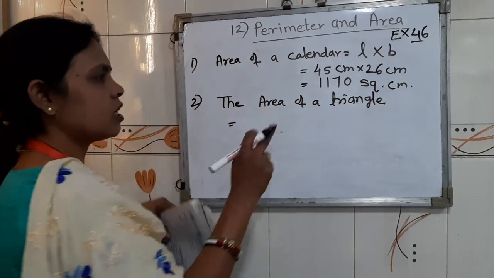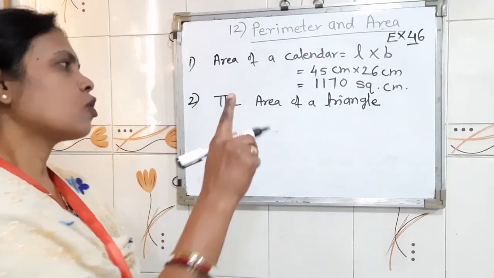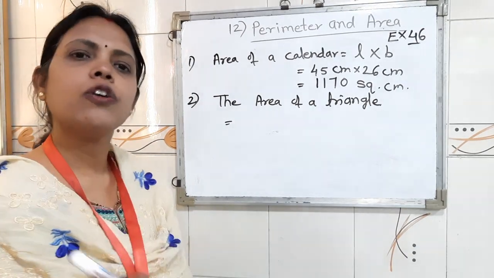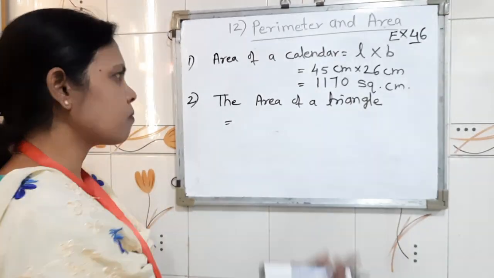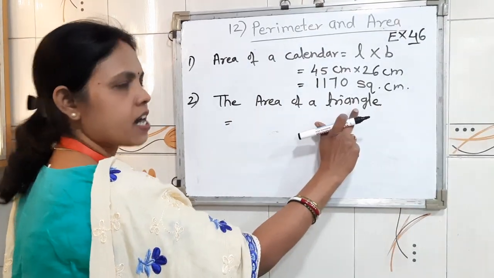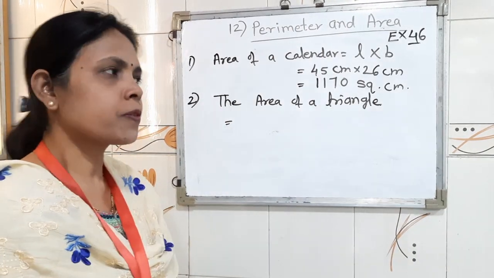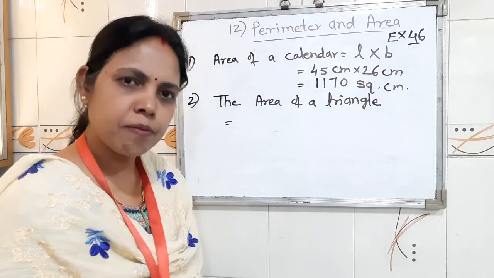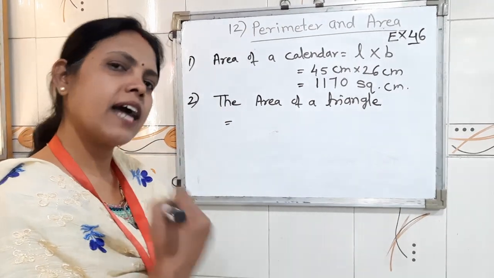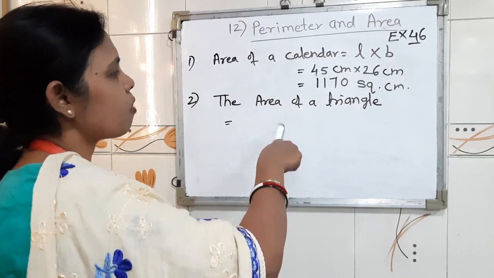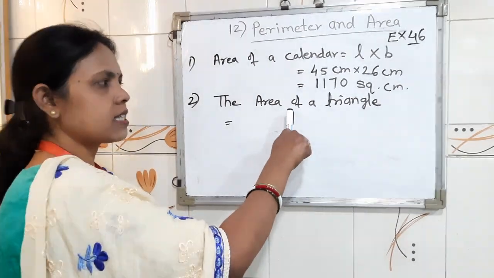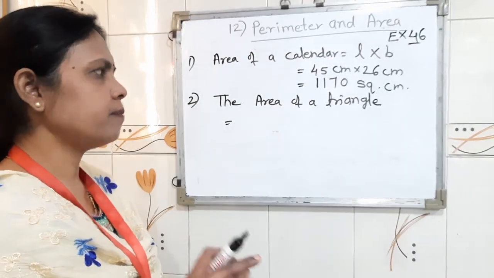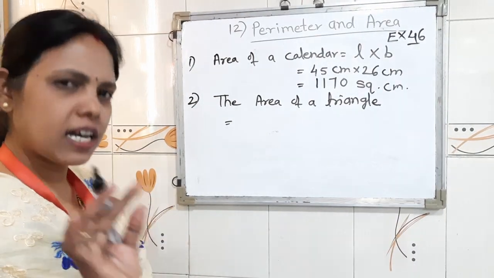equals, children, now here in question number second we are learning one new formula. What is that new formula? Area of a triangle. As I told earlier, today we are going to learn area and perimeter of square and rectangle, but here now one new formula is there, that is area of a triangle. To find the area of a triangle, 2-3 formulas are there.